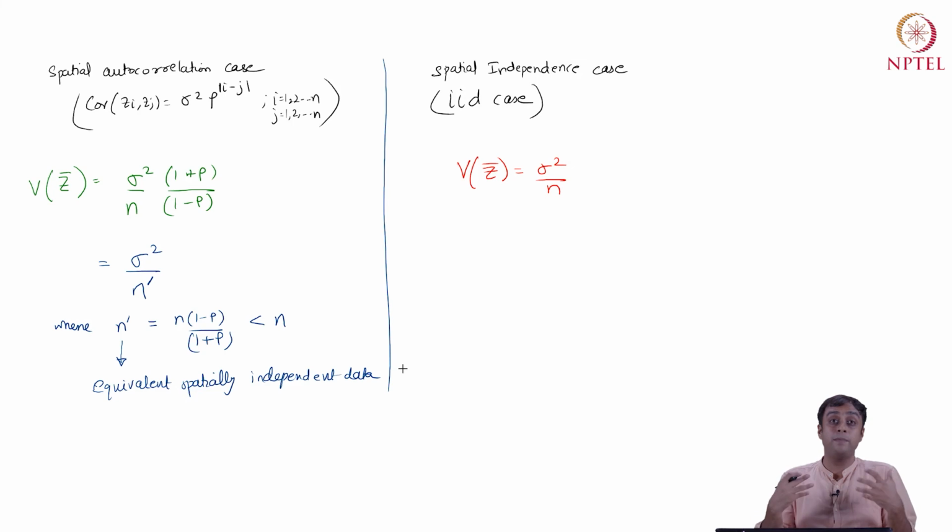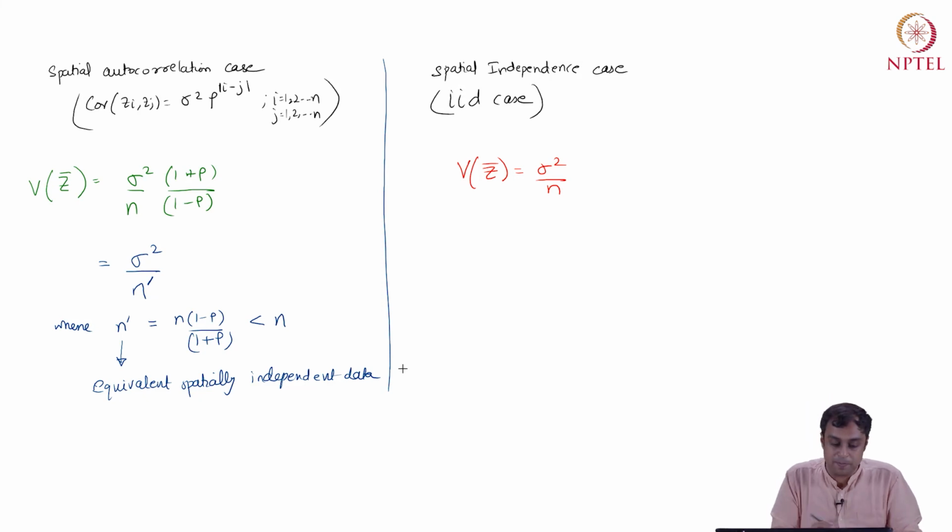Because of dependence in data, there is similarity in data. On the net, we have only n prime spatially independent values instead of the n values that we are actually looking at. It compresses or reduces the data size to an equivalent n prime size, which is obviously less than n, in terms of evaluating the variance of Z bar.